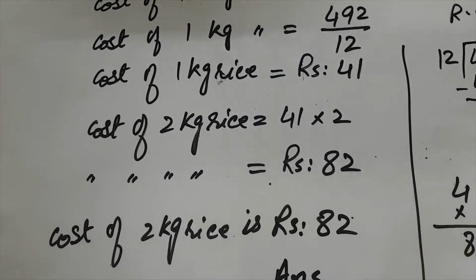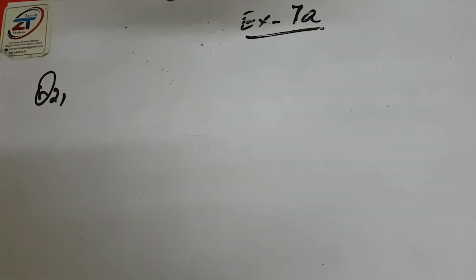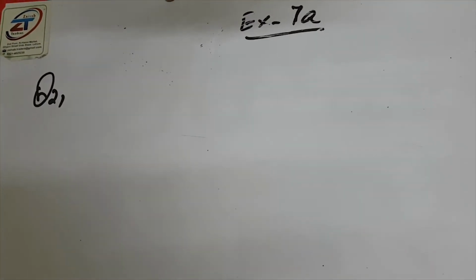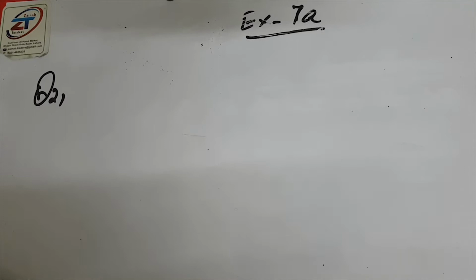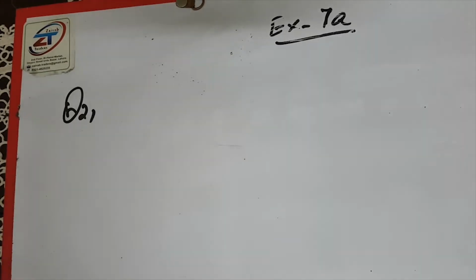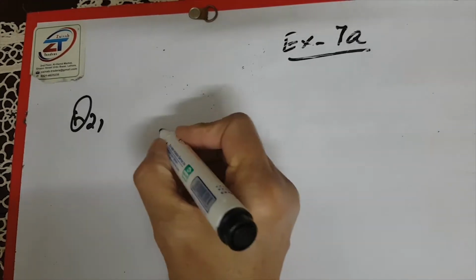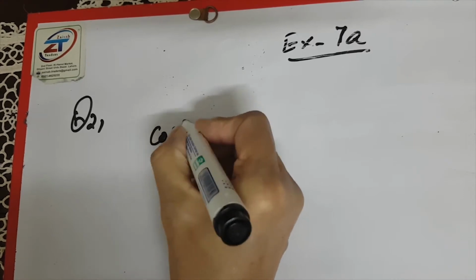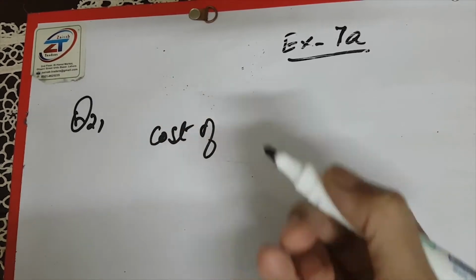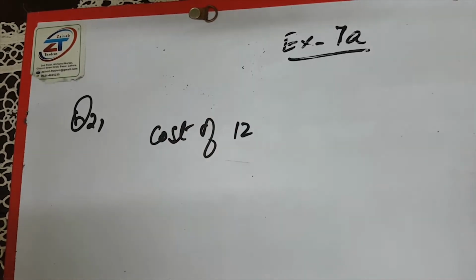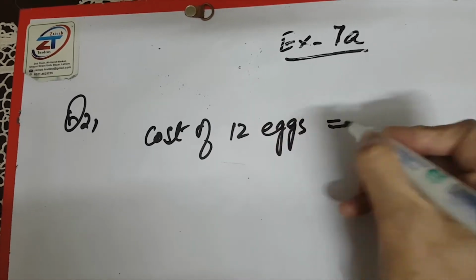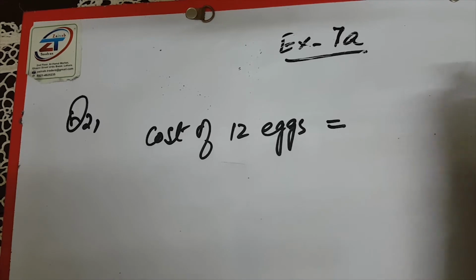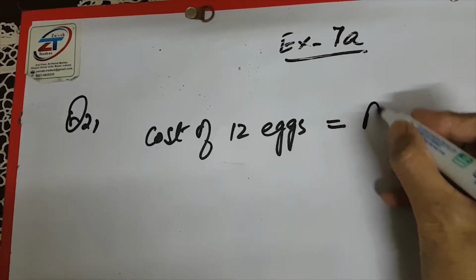So this is the question. Question number 2 of exercise 7a. If a dozen eggs cost rupees 36, find the cost of 7 eggs. Dozen means how many things? 12 things. So cost of 12 eggs, instead of dozen you will write down 12, which is given in the question, is rupees 36.